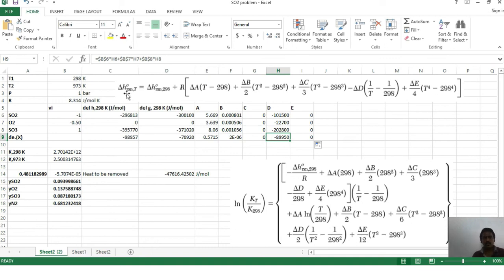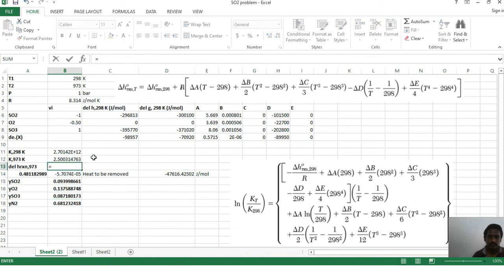Now let me calculate delta H of reaction at 973 Kelvin. Let us substitute the values here.